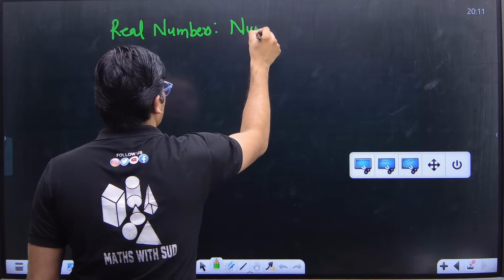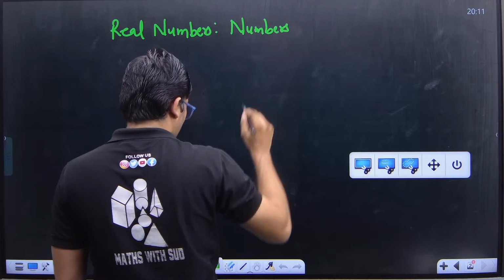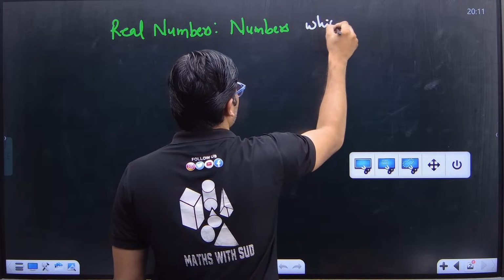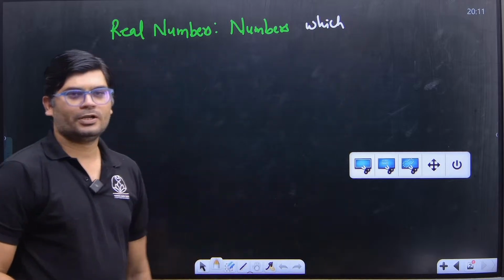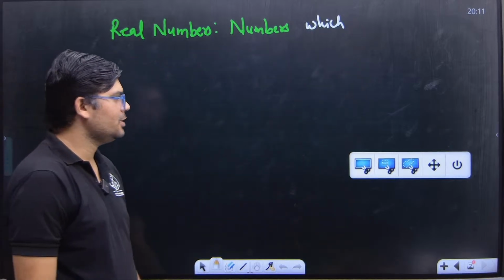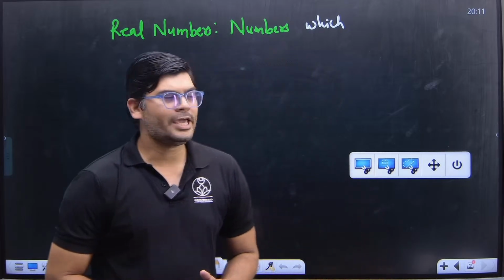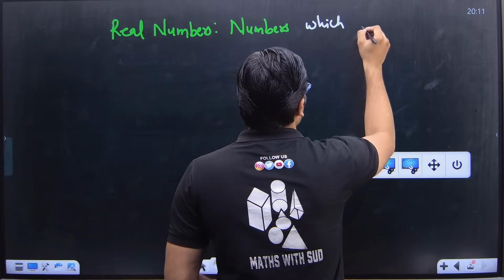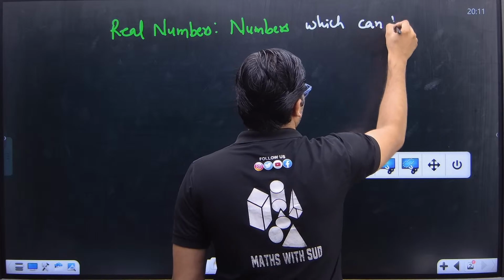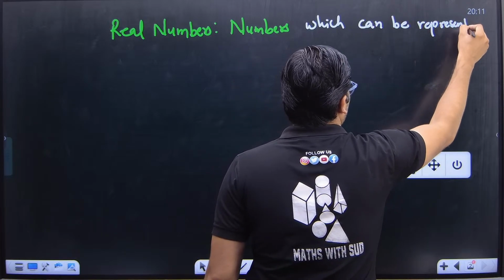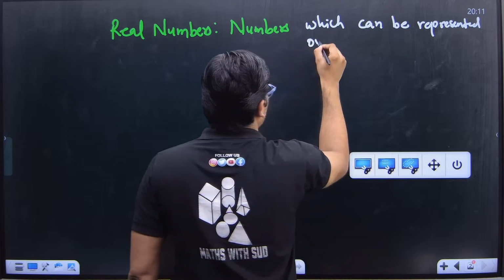You can write down numbers. You have to be fast today, okay? Because we are having very less time. So I will cover most of the topic today, and because you are too smart to handle all these topics very easily, I will be a little faster, okay? So numbers which can be represented on number line, which can be represented on number line.